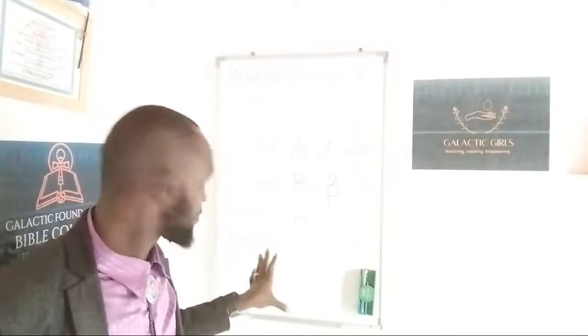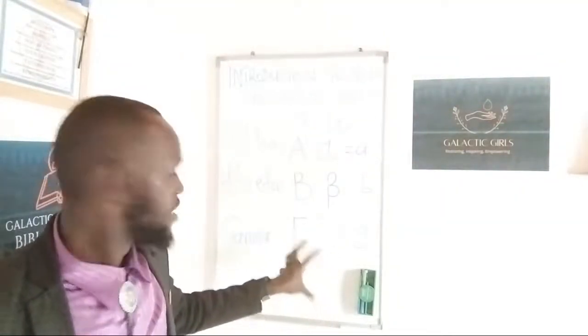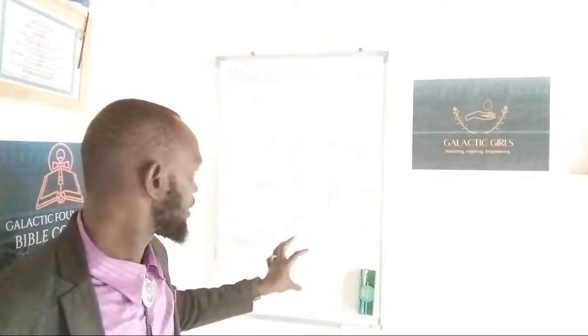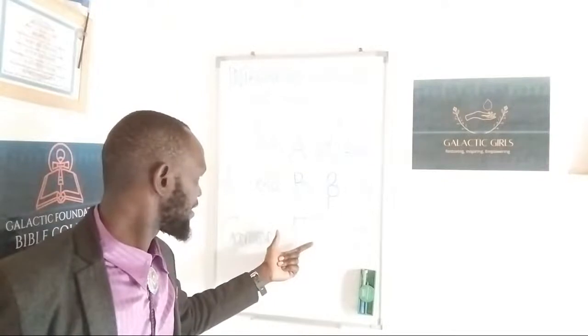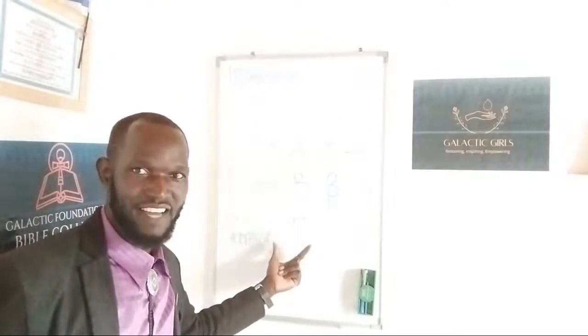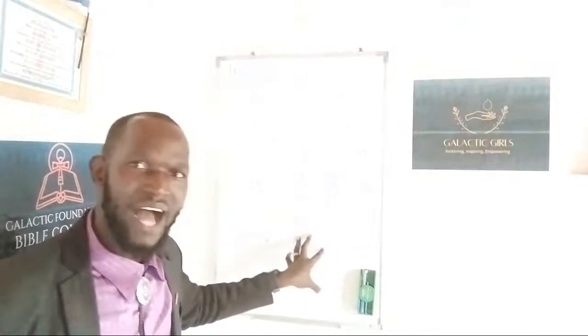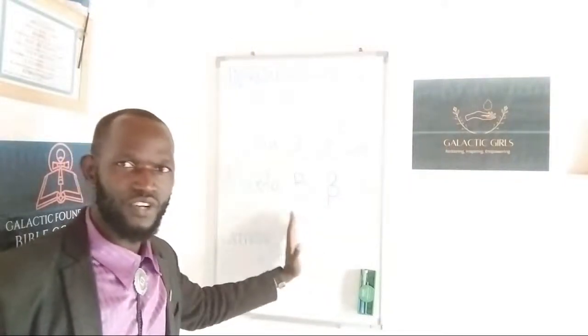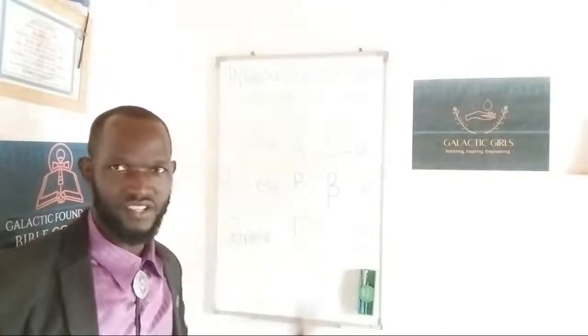Then the third letter was gamma, and we said you notice that gamma is written almost like the English letter seven, but flipped. And then the lowercase is like the English Y, but the difference, when you notice it, is that there is a curve on the side, right?